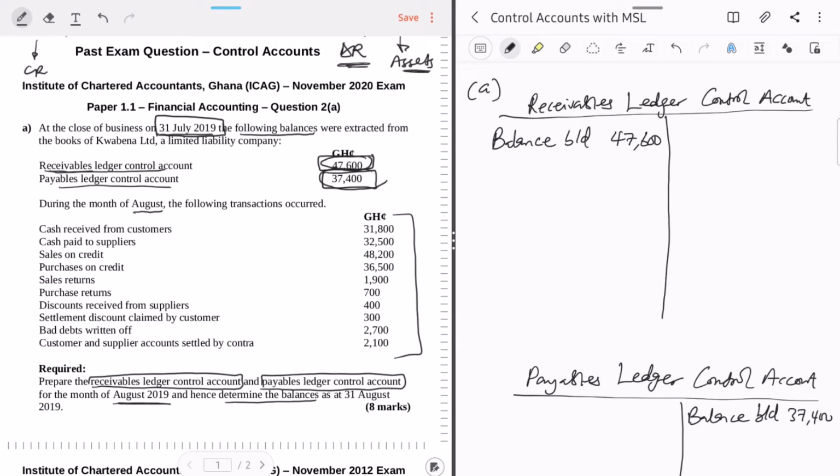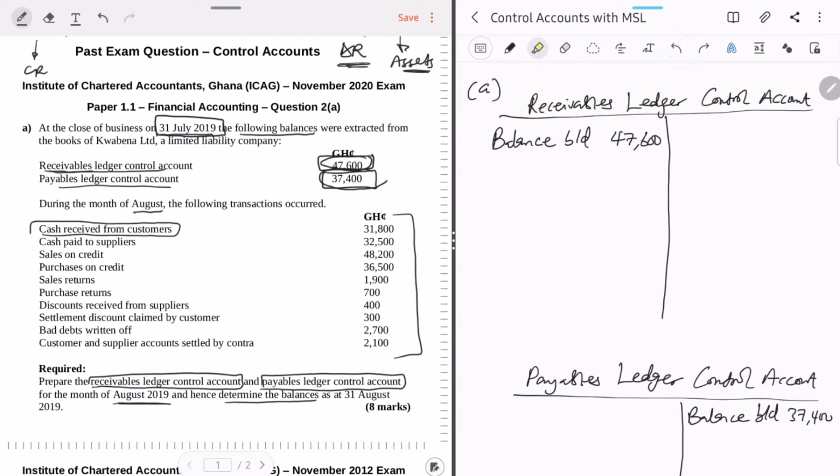So for example, cash received from customers. If you sell to a customer and you receive cash, what will be the double entry? You agree with me that you would debit cash and then you will credit the customer's account to reduce the amount they owe you. So let this receivables ledger control account be the customer's account.